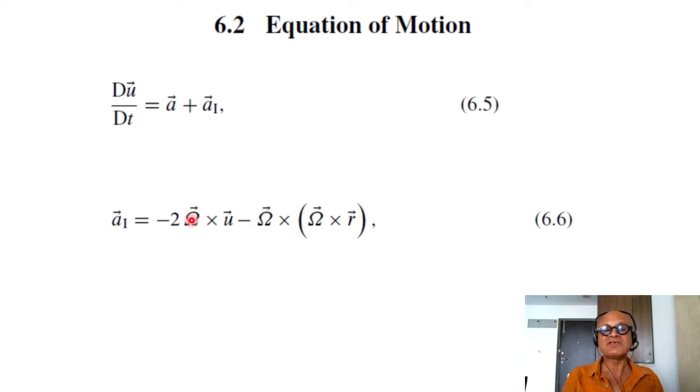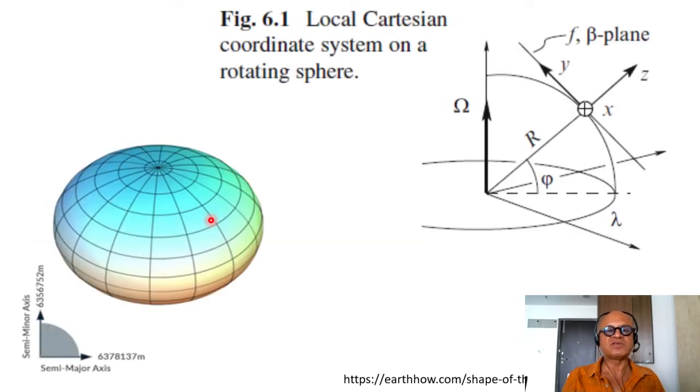We are not deriving this here, but I have podcasts elsewhere on Coriolis in the dynamics course, for example, where you can look at the details of how we derive this. So you have real accelerations and apparent or imaginary forces.